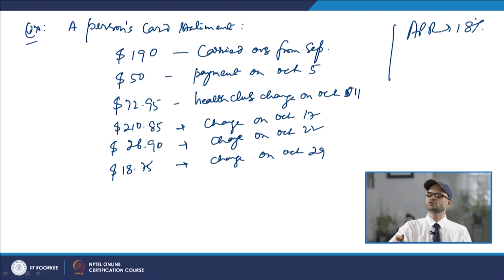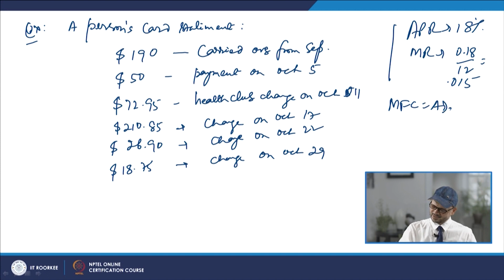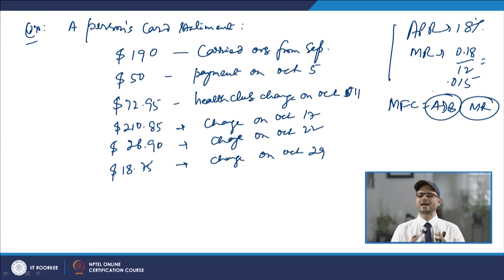Suppose the APR is set at 18%. If the APR is annual, the monthly rate will be 0.18 divided by 12, so it will be 0.015, or 1.5%. So monthly finance charge is the average daily balance into MR. This is how you calculate the monthly finance charges charged by financial companies.